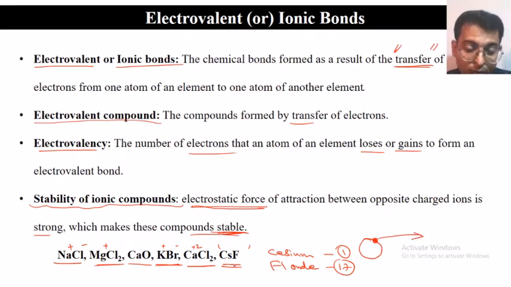These things we will look at in the next chapter. Cesium fluoride is the most stable of all the ionic compounds because the charge here is very strong. The ability to lose an electron and the ability to gain an electron for the fluoride, both of them are very strong.